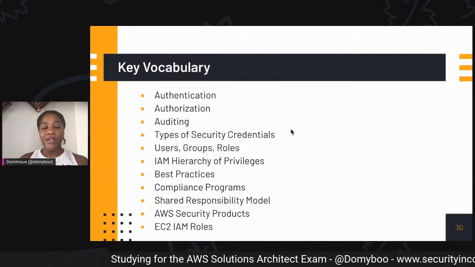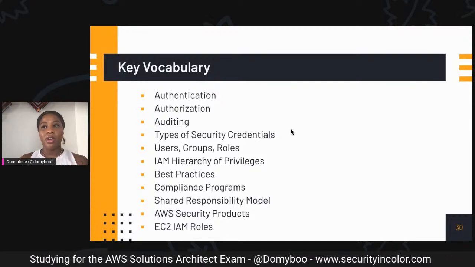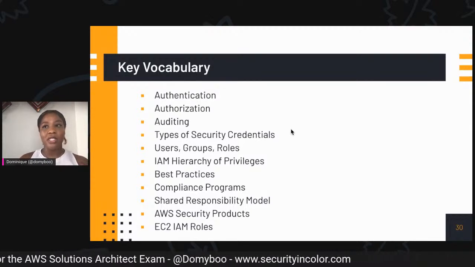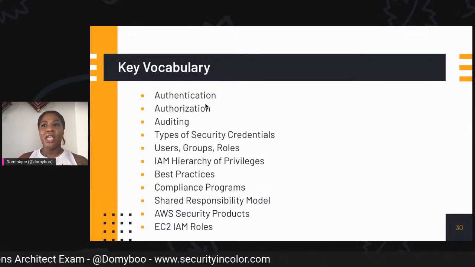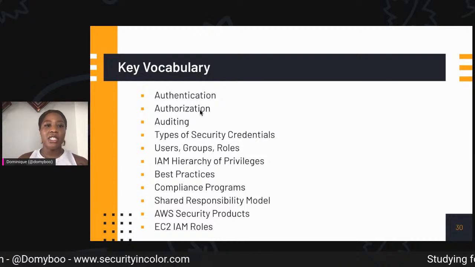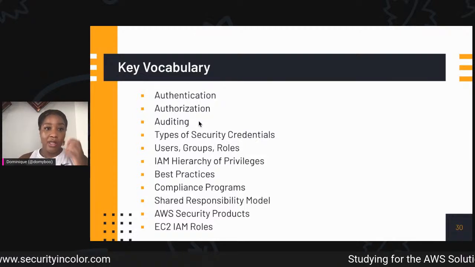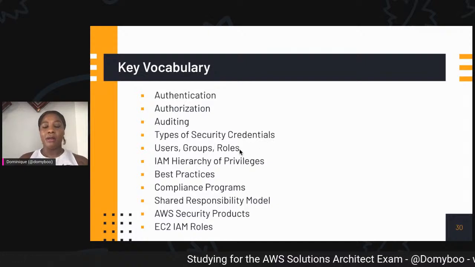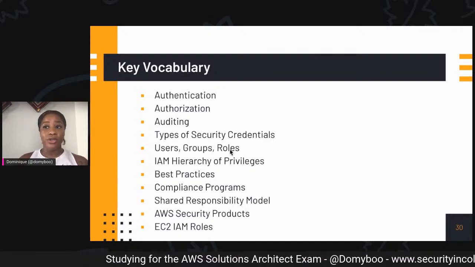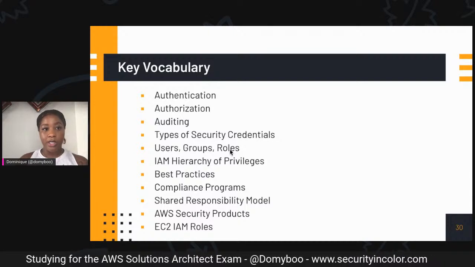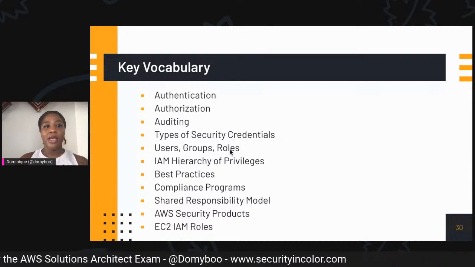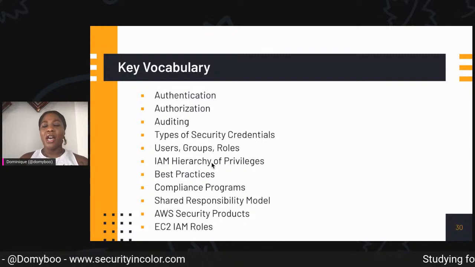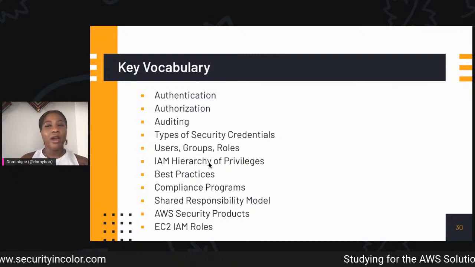So chapter 5 had a bunch of key vocabulary regarding, of course, identity and access management, IAM, things like authentication, authorization, auditing, the different types of security credentials available within AWS, some information about users, groups, and roles, which is super important, especially as you're getting started and granting permissions to different resources. They went over briefly an IAM hierarchy of privileges.